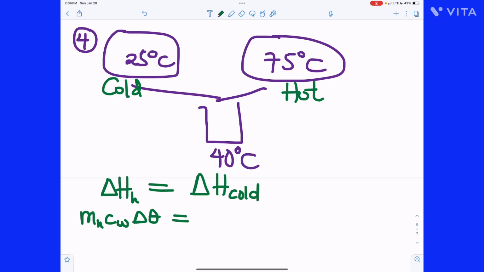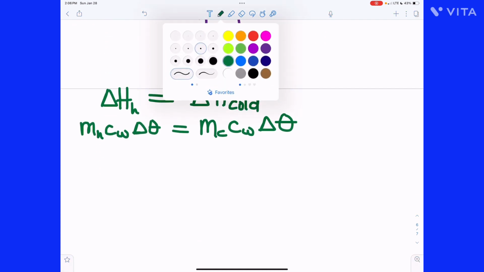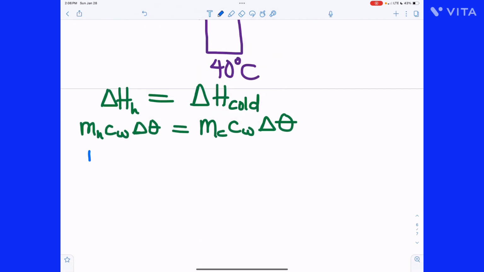Also, heat gained by cold water is mass of cold water times specific heat capacity of water times change in temperature of water. So, in essence, you don't know the masses taken, just say mass of hot water times Cw times 75 minus 40 degrees Celsius.